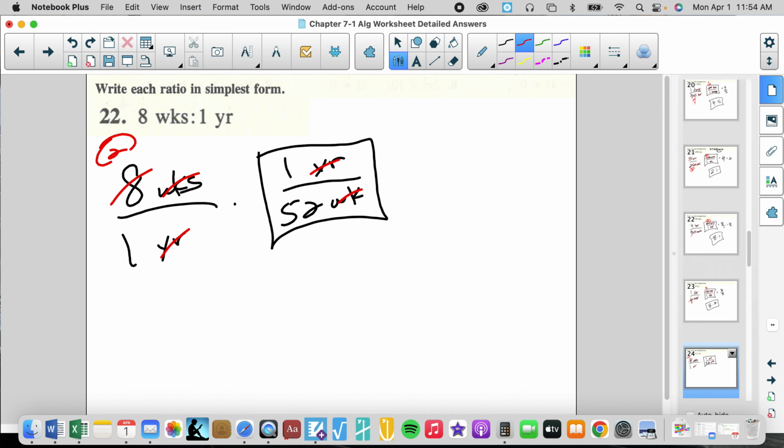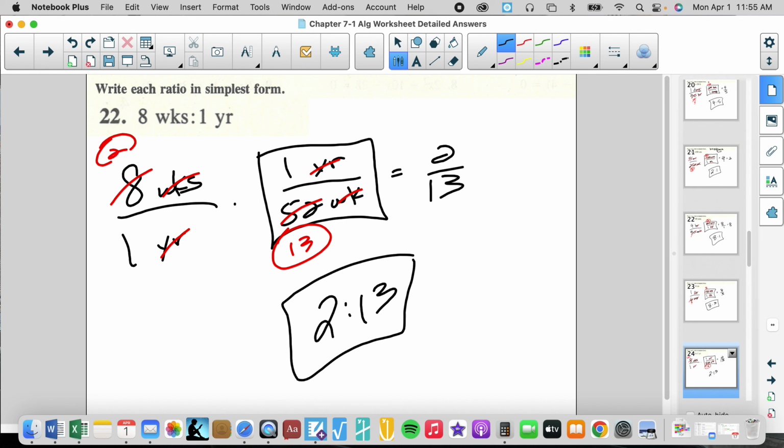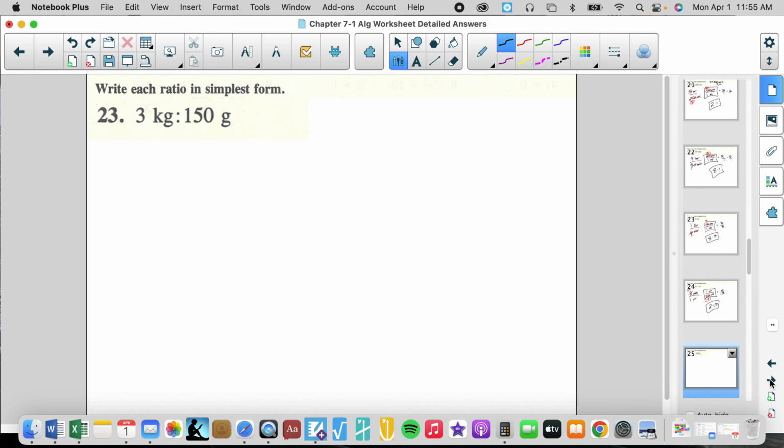No, 8 doesn't go. 4 goes in 8 twice. 4 goes into 52. Yes. 13. So 2 to 13. So 2 to 13 ratio. 2 to 13. Yep.